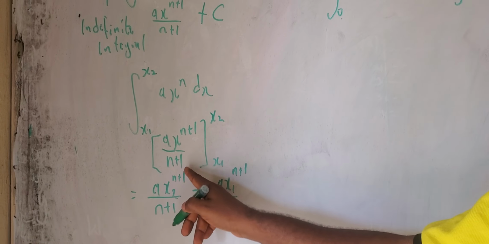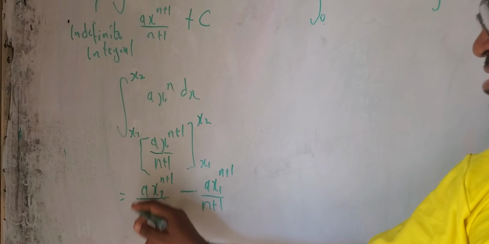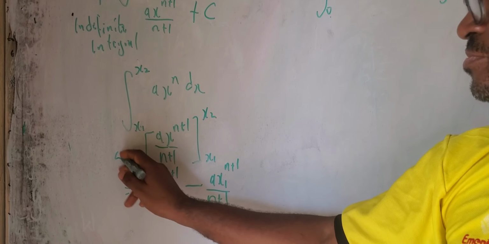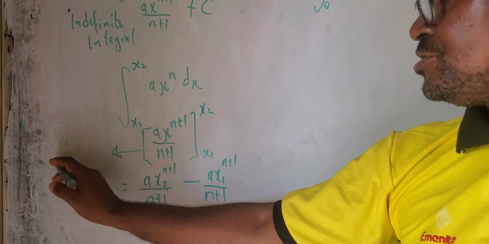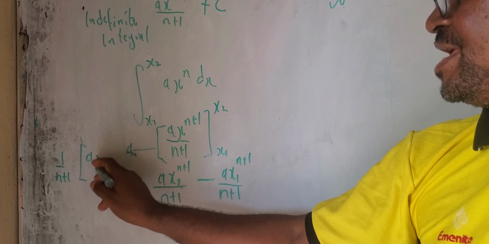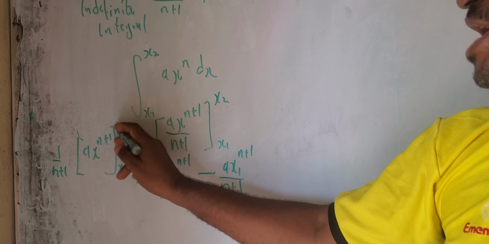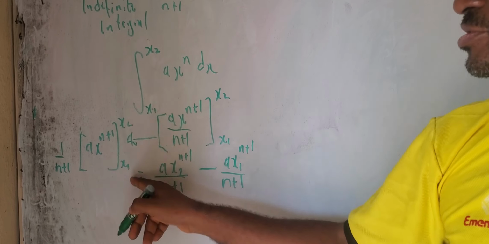Another way to do this work quickly is to take this constant n plus 1 outside the integration expression here. So you can have it as 1 over n plus 1, then you have a x raised to n plus 1, then you put your limit x1 to x2. Then before you now substitute and subtract, you are still going to get the same thing.